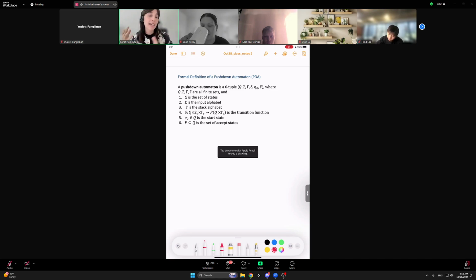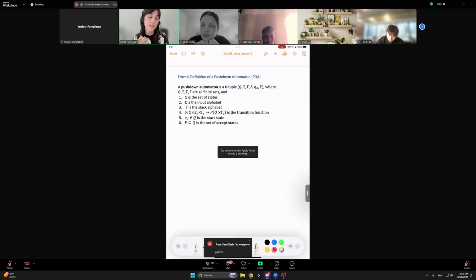So we're adding a stack, and so we have a stack alphabet. Number 4 is our transition function, also different. We'll go through that and break it down. Then we have Q0 as our start state, and F is our set of accept states, and this is a subset of Q.